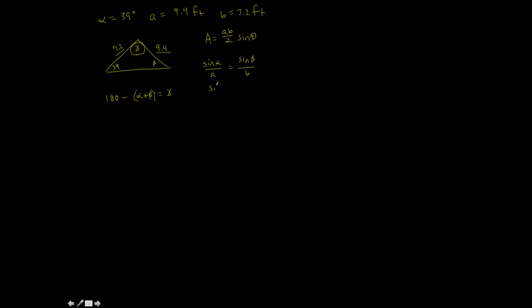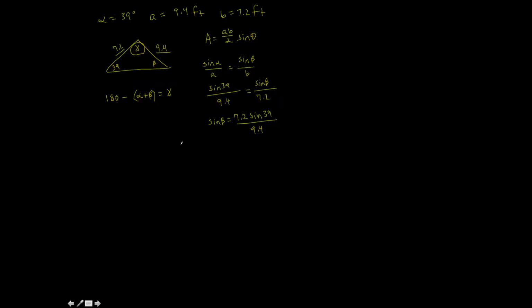So we know sine alpha, that's 39, over A, which is 9.4, equals sine beta over B, which is 7.2. So if we solve for sine beta, we get sine beta equals 7.2 times the sine of 39 degrees all over 9.4.